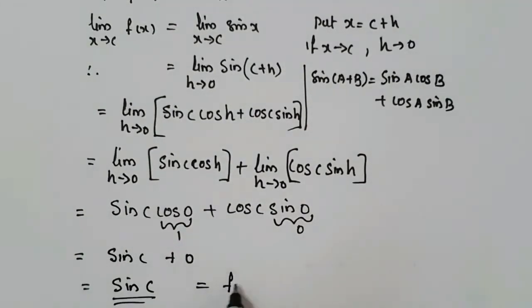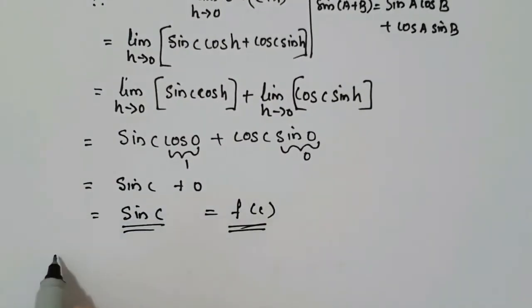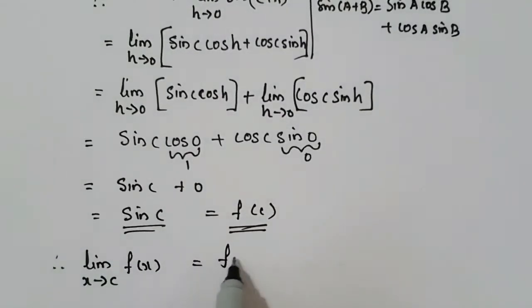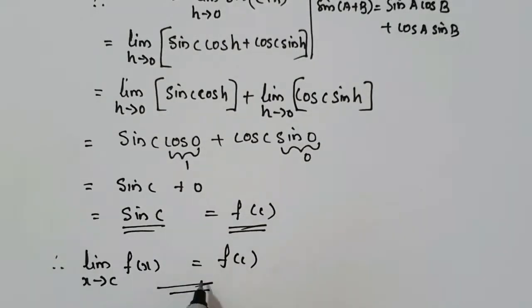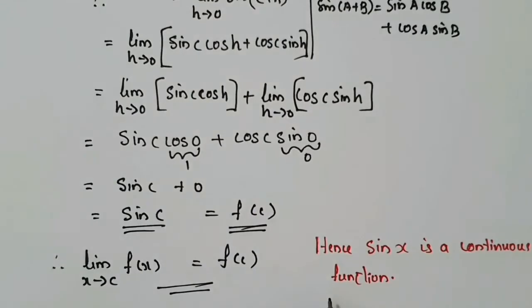This is equal to f of c. Therefore, our function limit x tends to c f of x is equal to f of c. Limit of the function is equal to the value of the function at that point. Hence, we proved sin x is a continuous function.